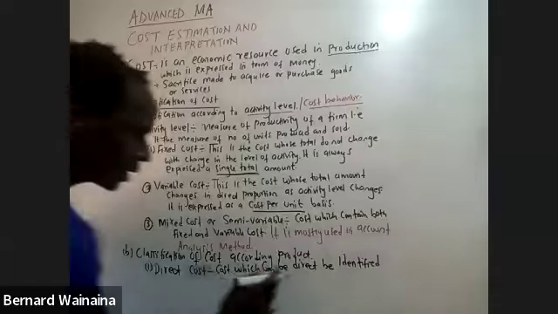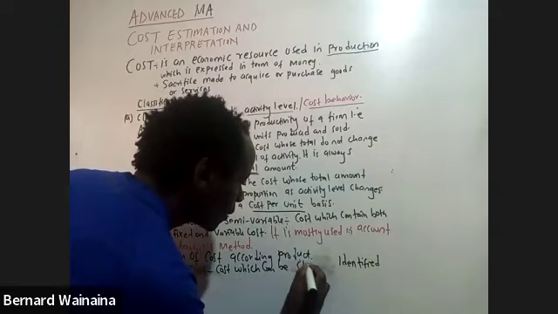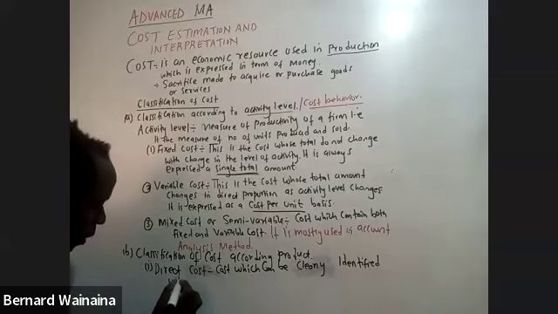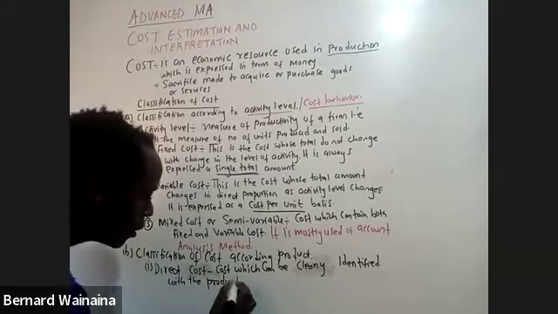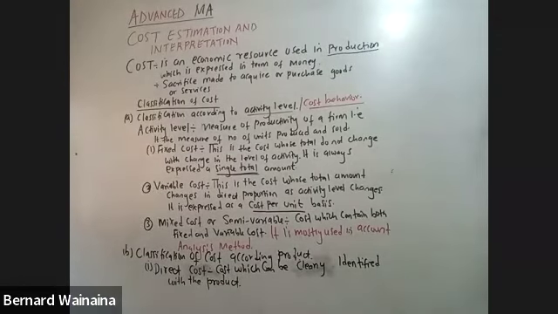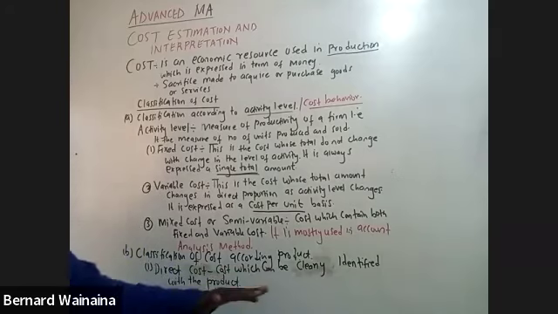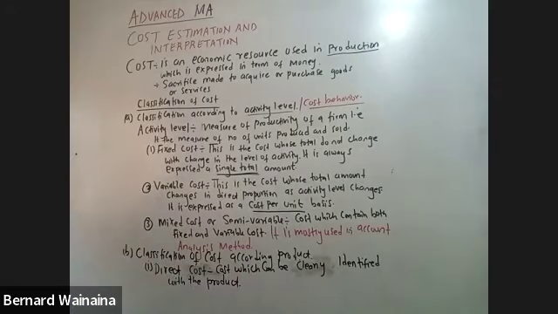The word clearly here: costs which can be clearly identified with the product. Or you can also say these are costs which can be directly attributable to a particular product.